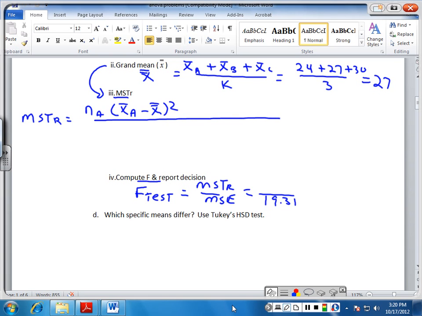I'm going to continue that progression in a minute. That's all over K minus 1. But the sample size in group A was 10. The mean in group A was 24. The overall mean, the grand mean, X bar bar, was 27, squared. All that's going to be over 2. And then we're just going to continue that progression. I'll write this over to the side here. That first part then, 3 squared is 9 times 10 is 90.